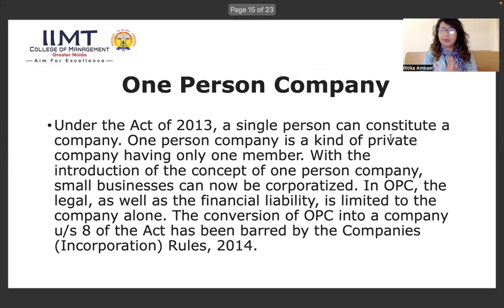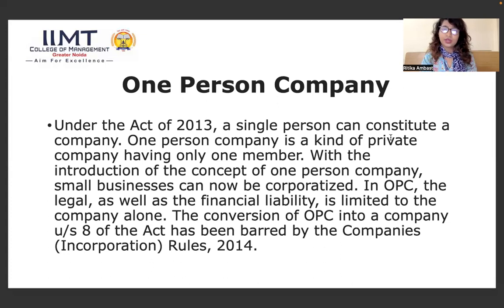Next type is a one-person company. As its name shows, one person, it means in this type of company, there is only one single member, a single owner. Under the Act of 2013, a single person can constitute a company. A one-person company is a kind of private company having only one member.